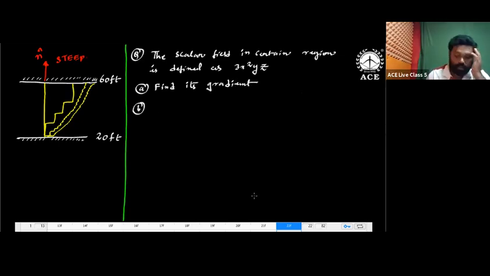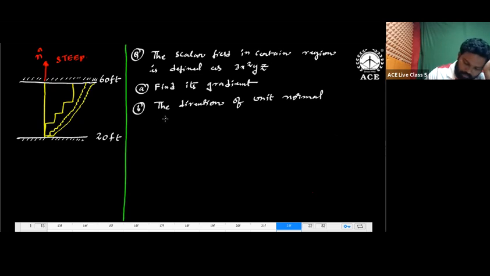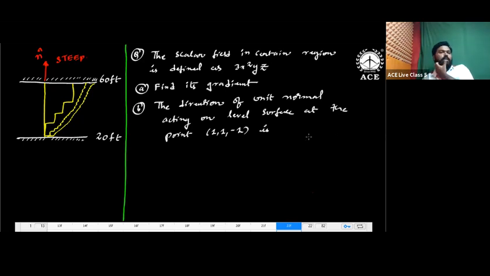Question B: the direction of unit normal acting on level surface at the point 1 comma 1 comma minus 1 is.